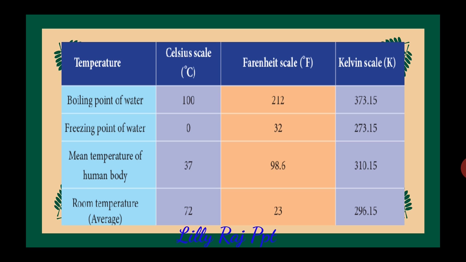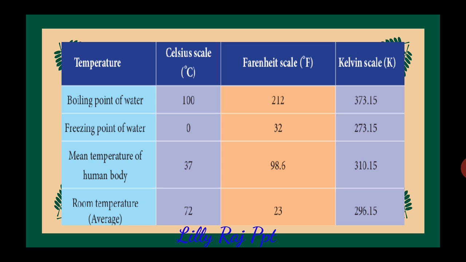In Kelvin scale, 373.15 degree Kelvin. The freezing point of water in Celsius is 0 degree centigrade, but in Fahrenheit scale 32 degree Fahrenheit, and in the Kelvin scale 273.15.